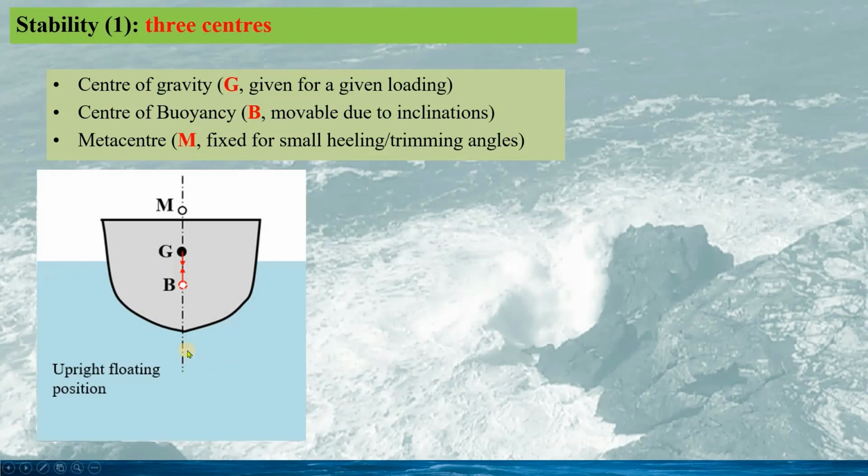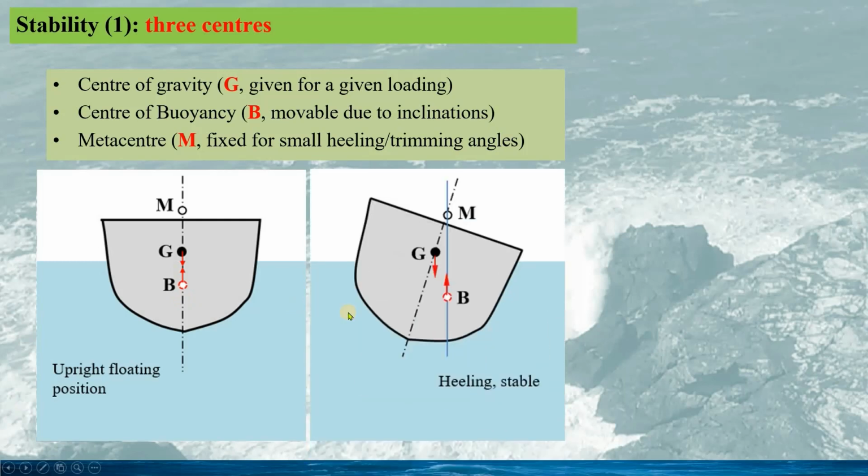In the right floating position, these three centers would be on the same vertical line, the central dash dot line, see in this plot. When the structure has an inclination, see in this plot, due to the change of the inclination, the buoyancy center would change to a different position.